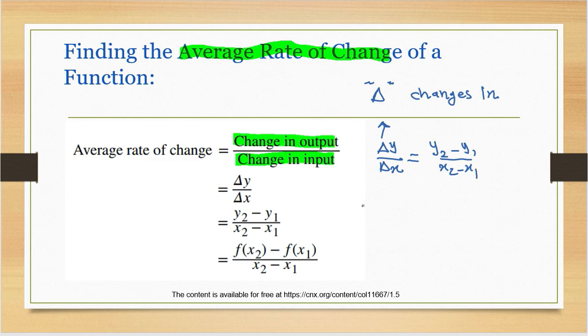Outputs over input, changes of output over changes in input. And when we're talking about functions, then we can substitute y with f of. So this is equal to f of x sub 2 minus f of x sub 1 over x sub 2 minus x1.